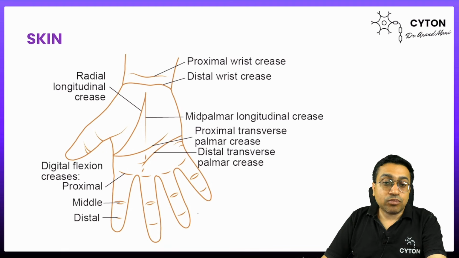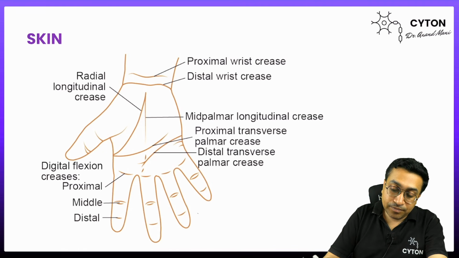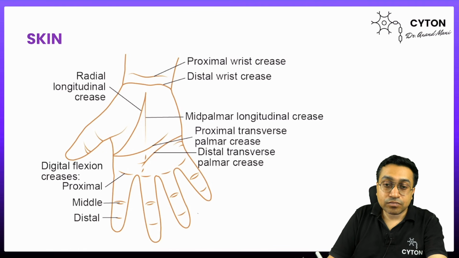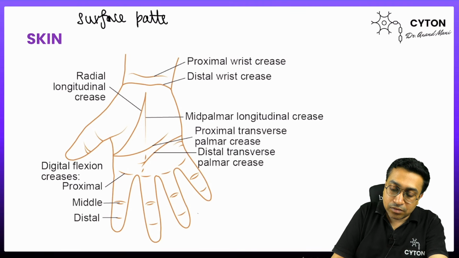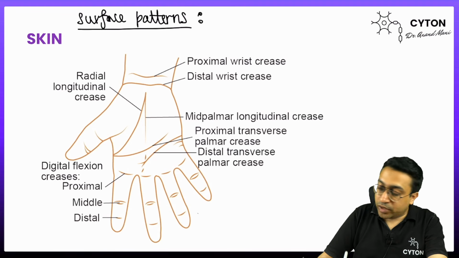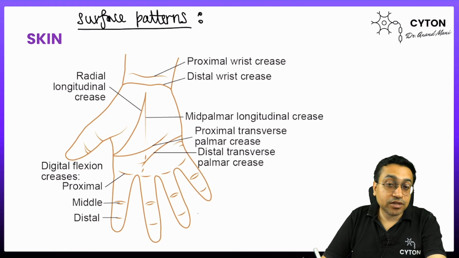Then we come on to the surface patterns of the skin. Now what are these surface patterns? Classically there are 3 types of surface irregularities.